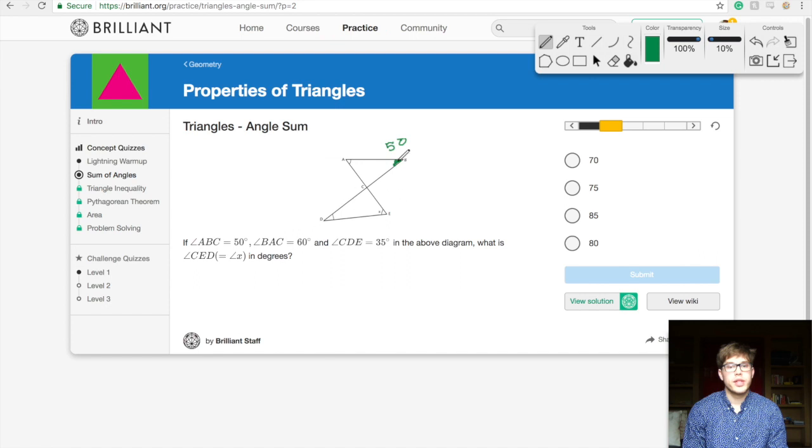BAC, B to A to C, is 60 degrees. And CDE, C to D to E, so this angle is 35 degrees. What is the value of CED, or angle X?